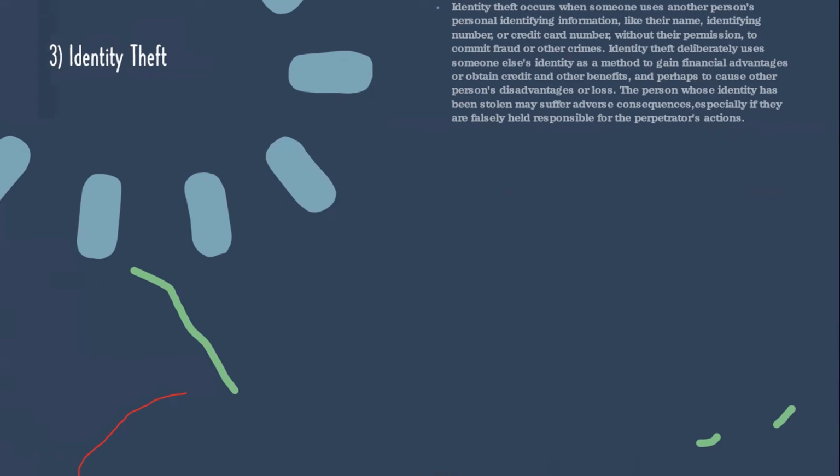Identity theft deliberately uses someone else's identity as a method to gain financial advantages or obtain credit and other benefits, and perhaps to cause other persons disadvantages or loss. The person whose identity has been stolen may suffer adverse consequences, especially if they are falsely held responsible for the predator's actions.